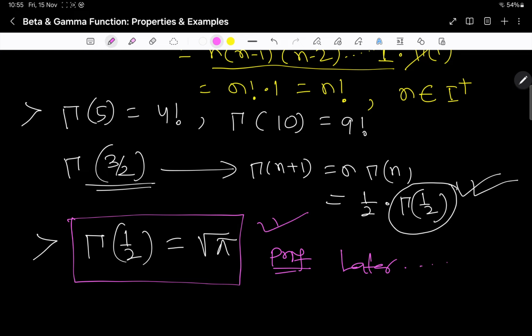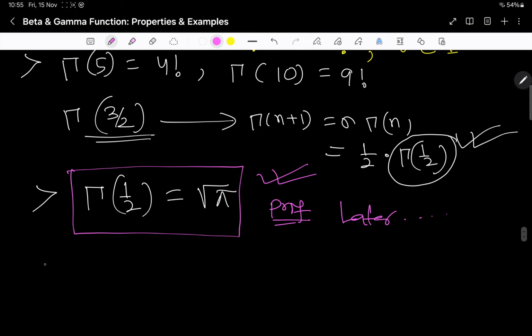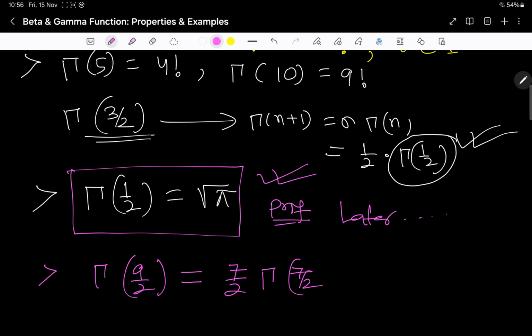Okay, so now we'll use it. Similarly, if I ask you what is gamma of 9 by 2, you go on decreasing it. It will be 7 by 2 gamma 7 by 2. Then again you decrease it by 1, it is 5 by 2, then gamma of 5 by 2.